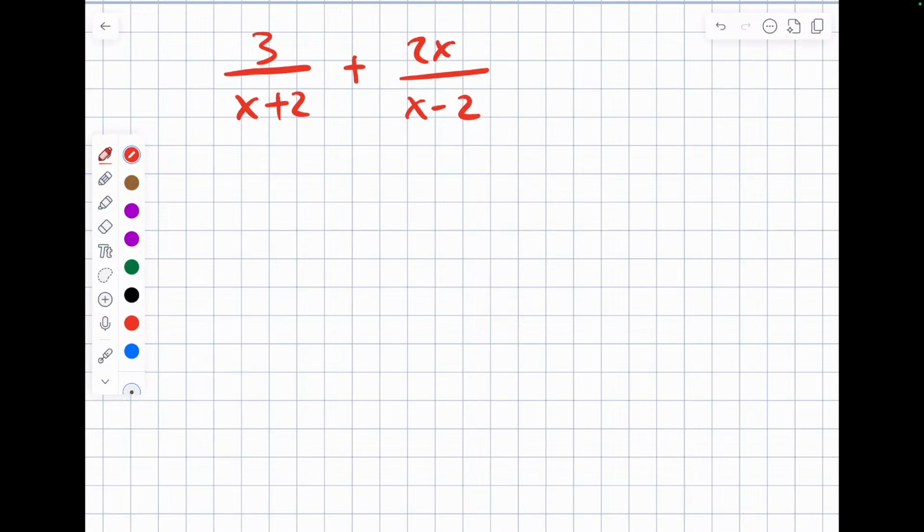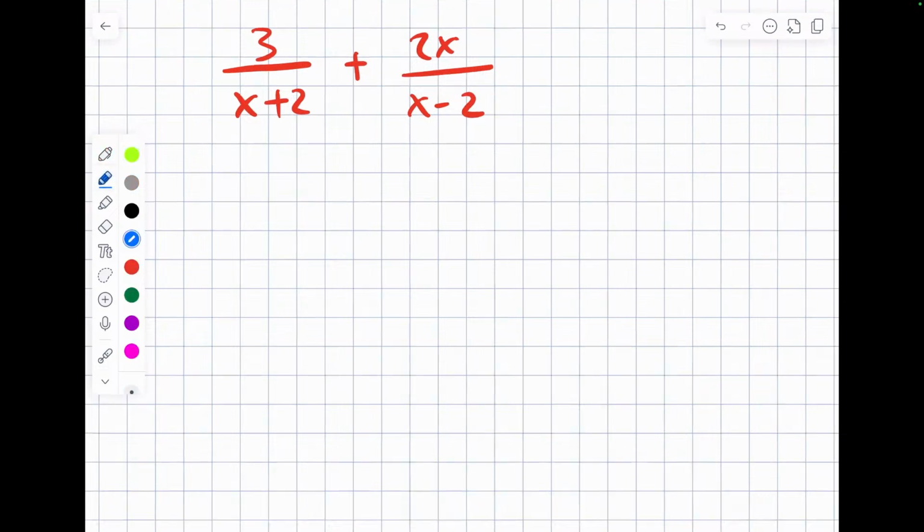So here's x plus 2 and x minus 2. They look really similar, but they're still different. So you cannot just add them because they do not have the same denominator. So how do you add those two?